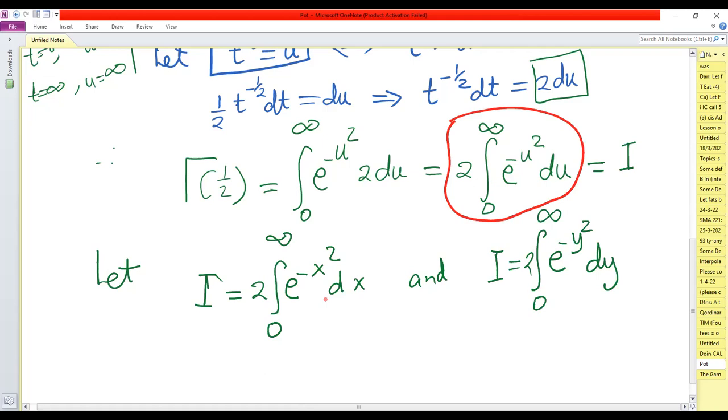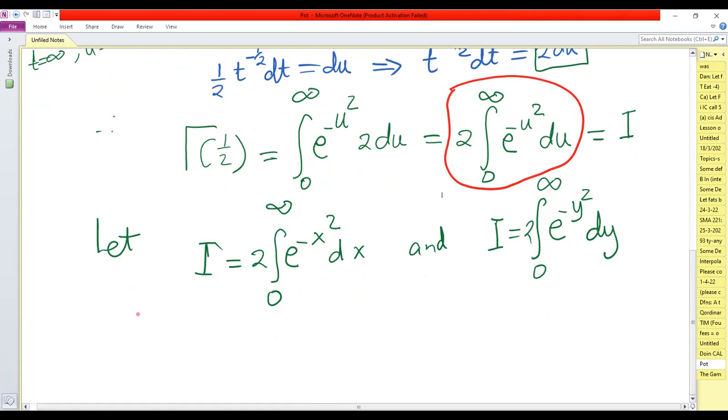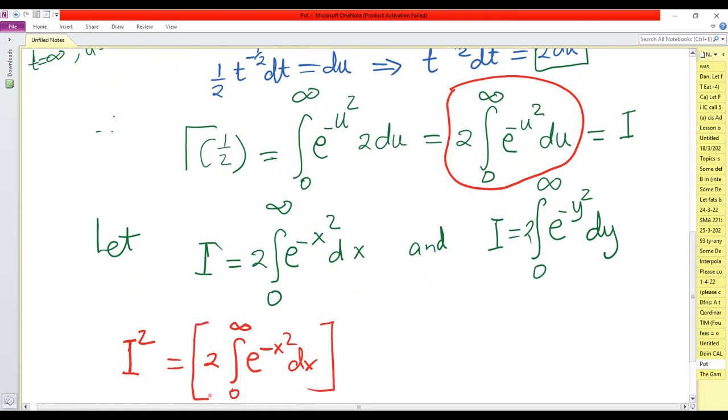So with this choice, if I square, so this value I multiply by this value of I, I'll get twice the integral from 0 to infinity of e raised to power negative x squared dx, and then I multiply by twice the integral from 0 to infinity of e raised to power negative y squared dy.